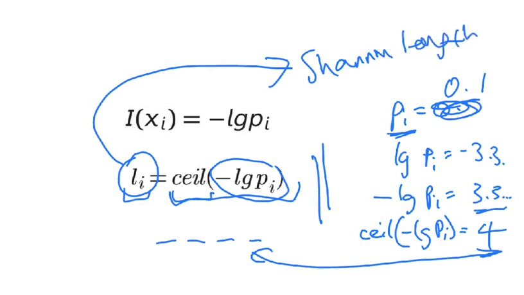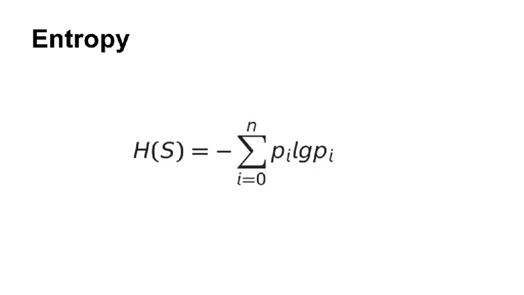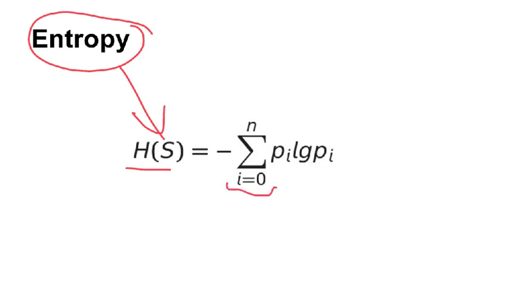We come now to this formula that you will meet in any textbook on compression or on information theory. This is the entropy formula. It is a summation, and you might notice that this is a weighted summation of the self-information.